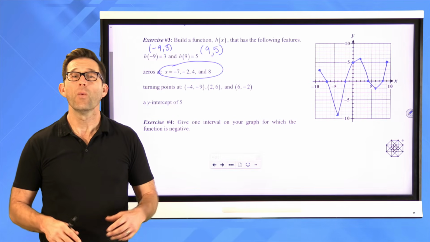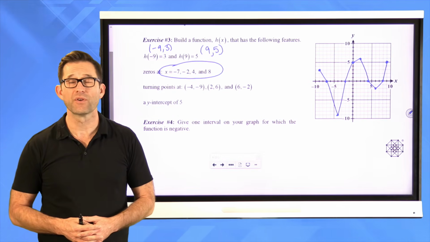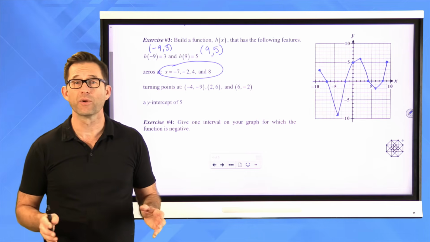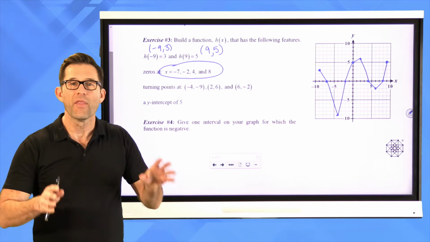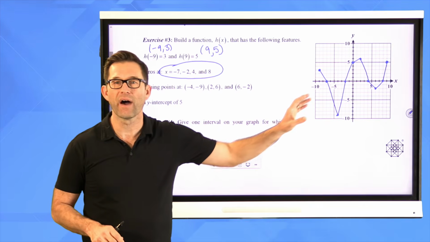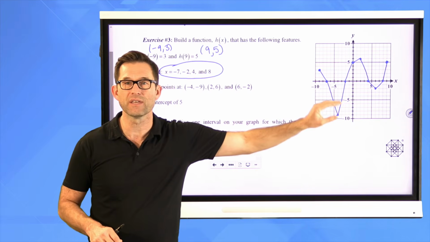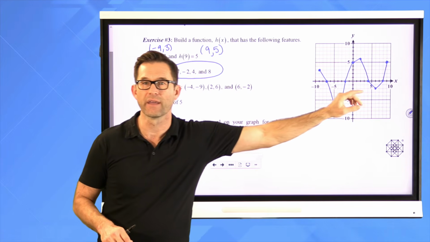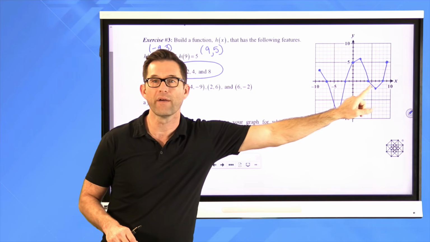Based on the description of the function, there are actually two intervals over which it must be negative. Remember, the function being negative means that the y values are negative, so you've got some of those here, and then you've got some negative y values in here.